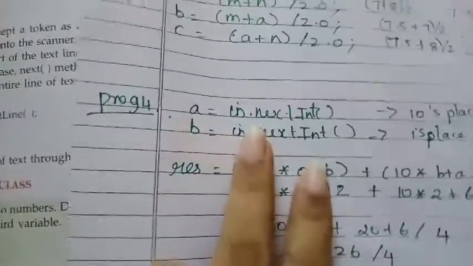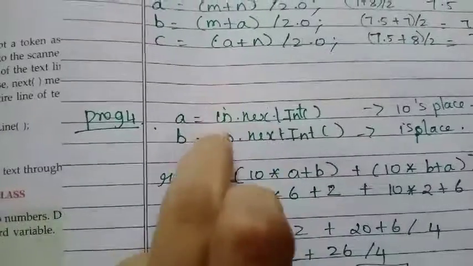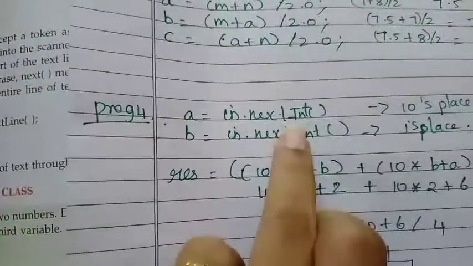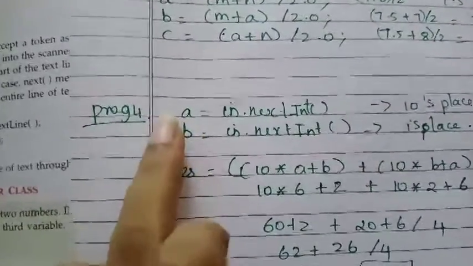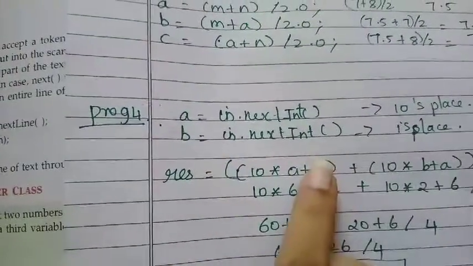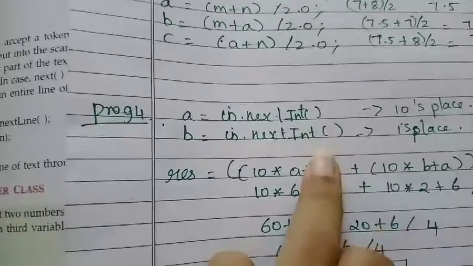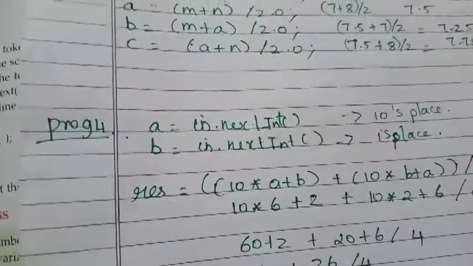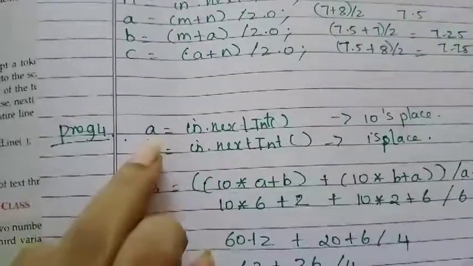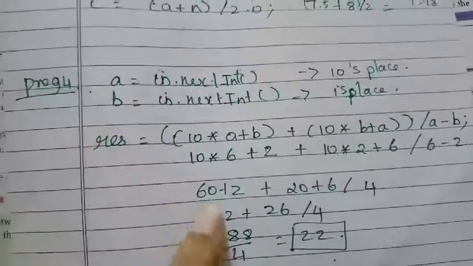First thing is, as usual, this is your scanner class object, and through this you are going to take the integer and place it in the variable a. Similarly, with nextInt, you are going to take the ones place value and place it in the b variable. So a is your tens place and b is your ones place.